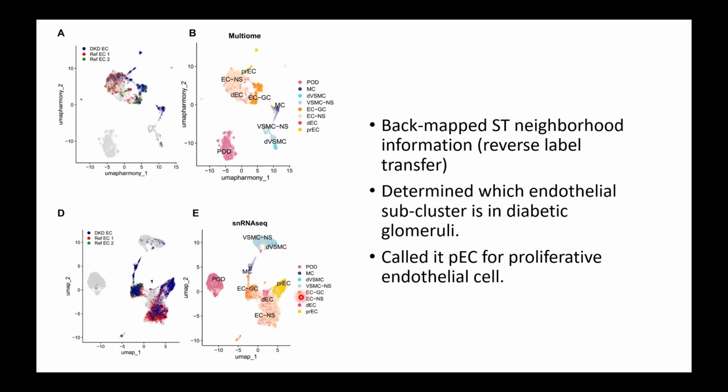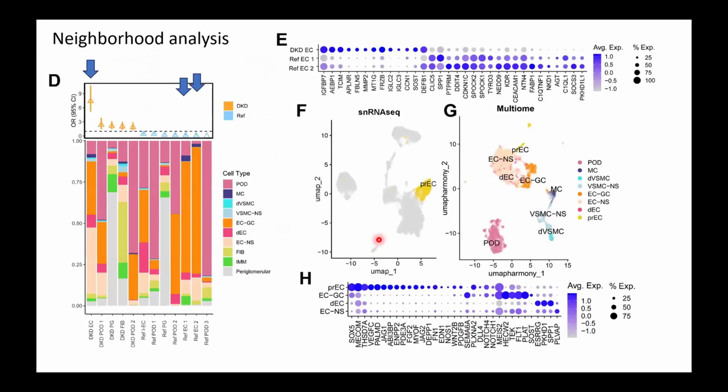So that's where we identify which particular subcluster or subgroup of cells represents those proliferative endothelial cell types that you can find here, right? And you can see that those are the genes that are highly expressed in the proliferative endothelial cell types. And there are things like Notch genes and SEMA6A genes associated with this new cell type.